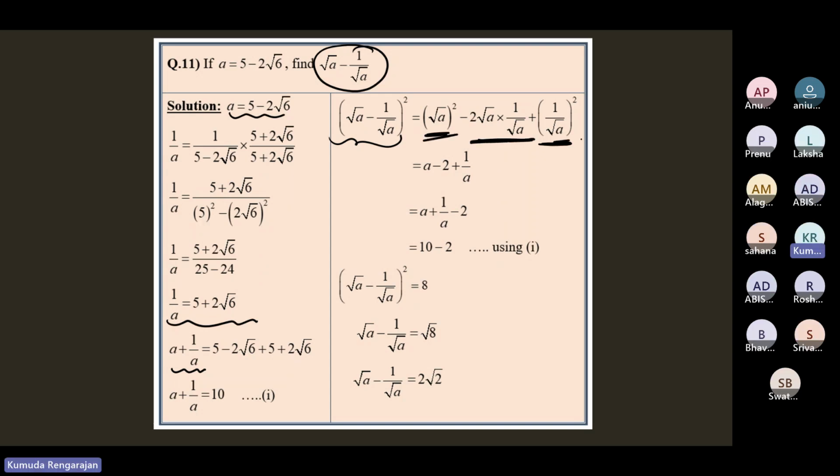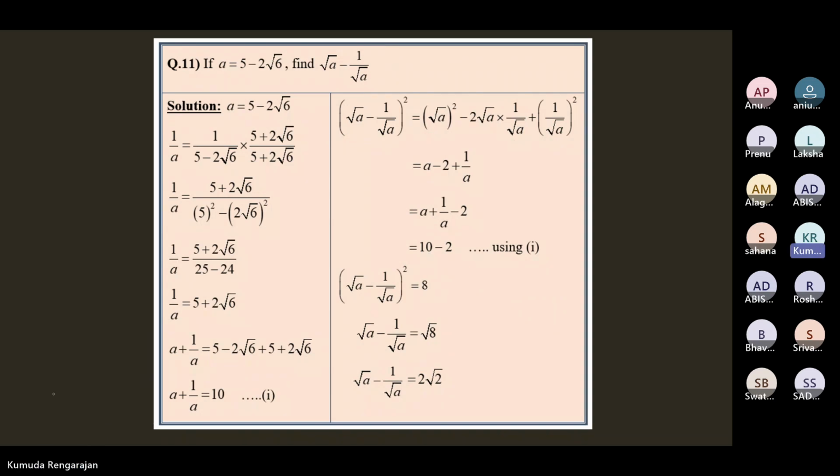So root A and root A cancel. A plus 1 by A is 10. 10 minus 2. The whole square is 8. So square root of 8, which is 2 root 2. Take down, children. Remember the procedure. That's very important.